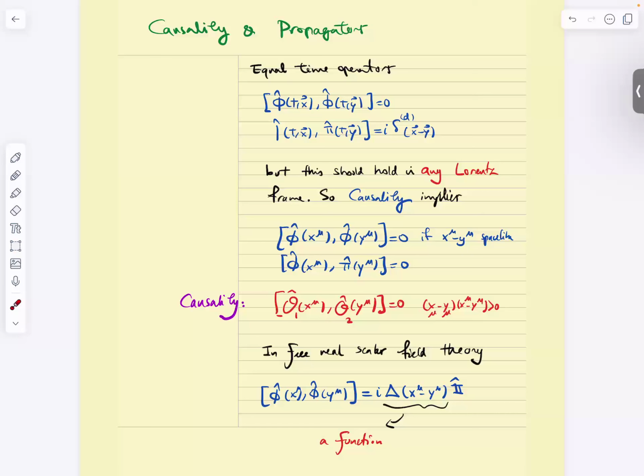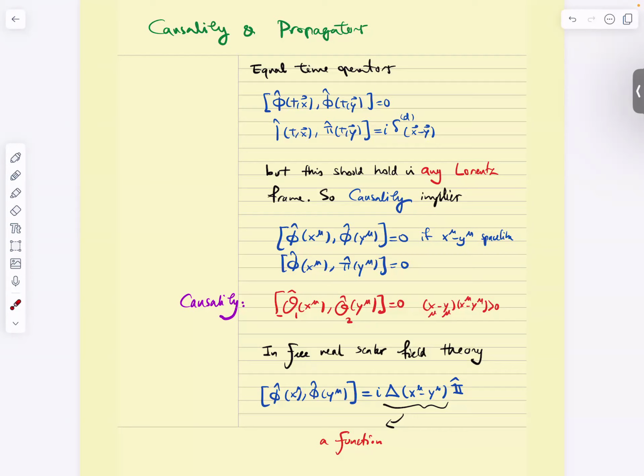If they're space-like separated, the commutator must be zero. If they're time-like separated, generically it's not zero. However, there's one important theory for which the commutator is zero even when they're time-like separated. Let me guess what that theory would be.